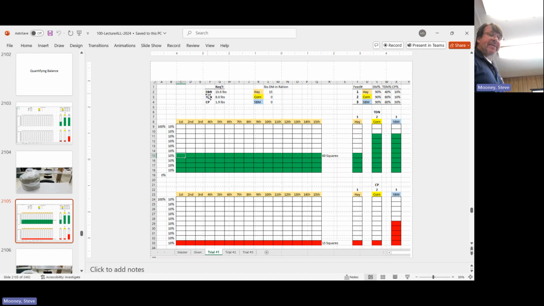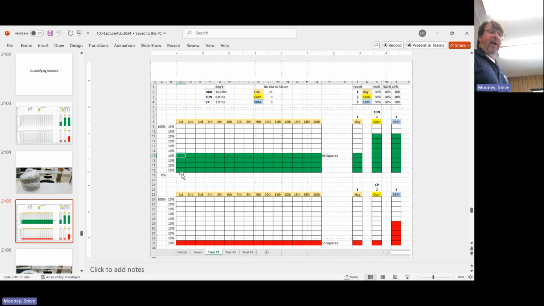If we have 8 pounds of TDN needed, how many squares have to be green down here? Not 8. 80. We need 80/10 to make 8 pounds of TDN. Everybody following that?